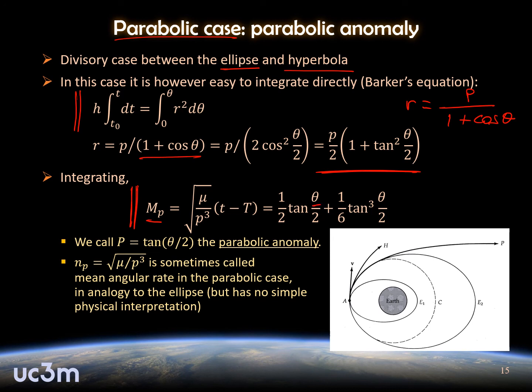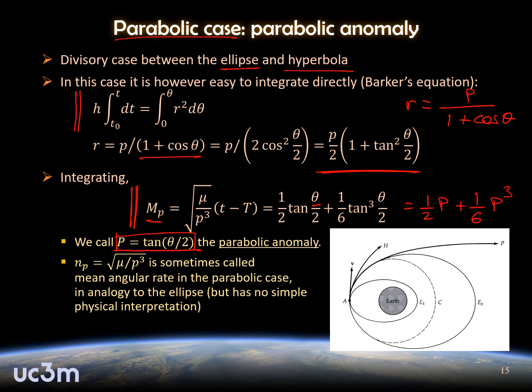And the same as before, it may require some solving depending on the direction that you are going. In analogy with the previous cases, we can label the tangent of theta half as P, and call that the parabolic anomaly. In that case, this formula becomes this.